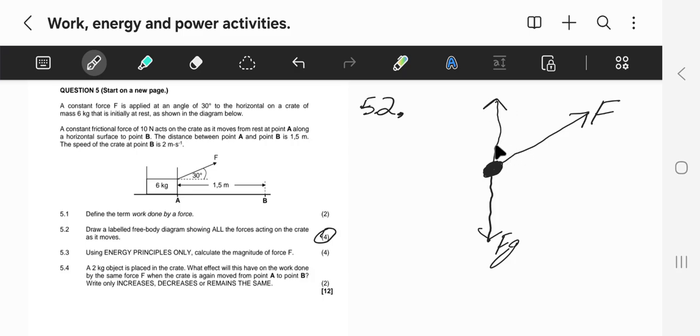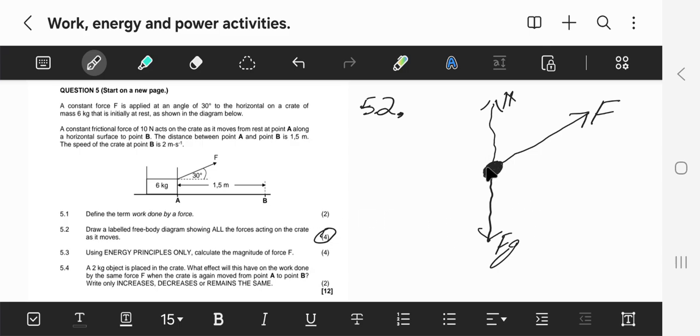Guys, you will excuse my lines not being straight. And then we will have our force of friction going the other way. So that's how our free body diagram is going to look, and that's what you are expected to have. My drawing is not perfect because my lines are not straight, but this is how our free body diagram is going to look.